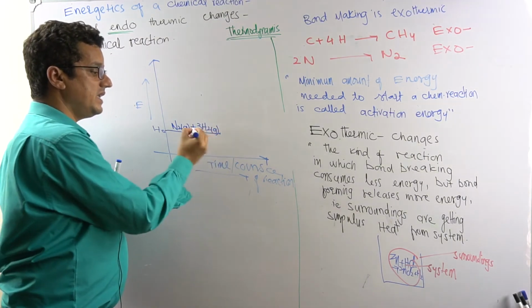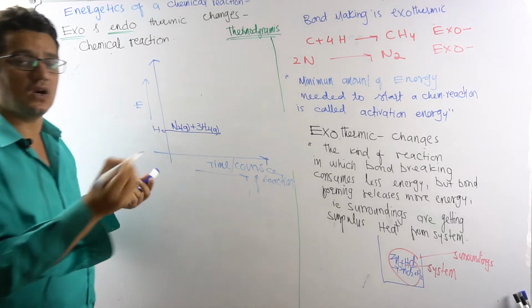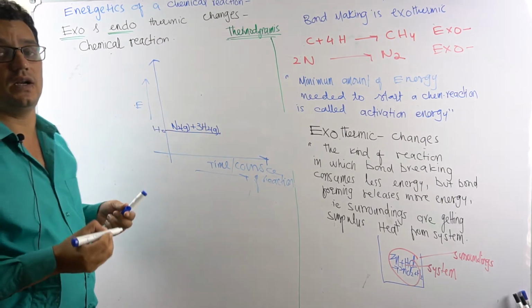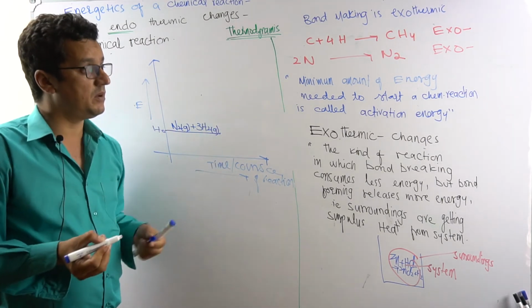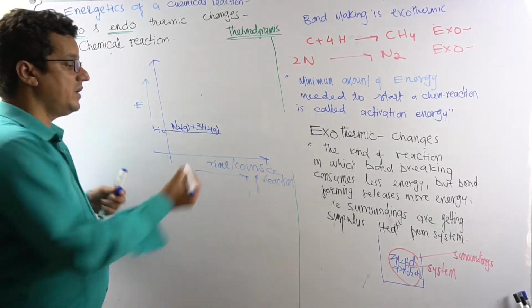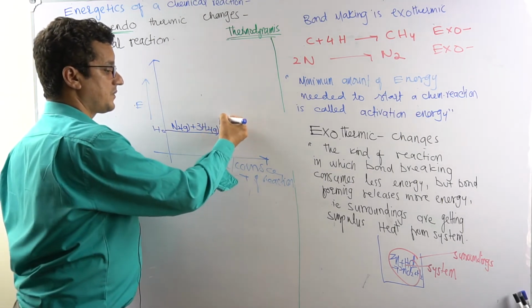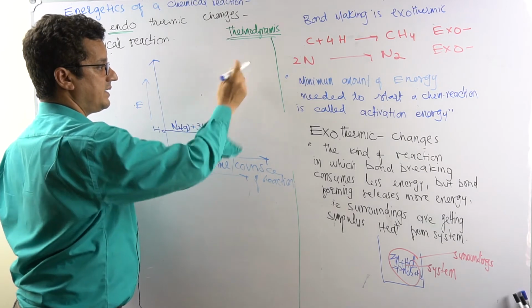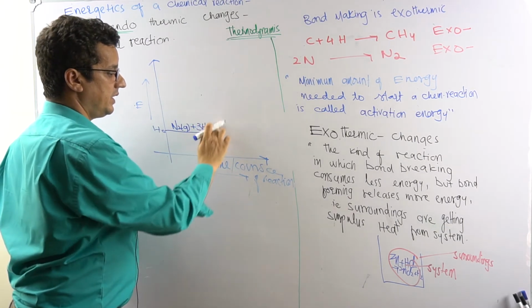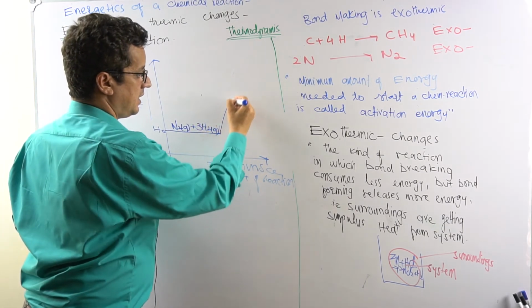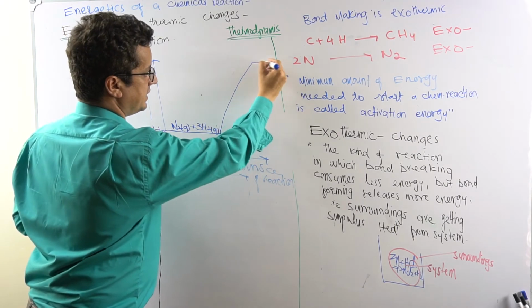Suppose at this energy level the reactants are mixed, they are colliding but they are not undergoing a chemical reaction because the minimum amount of energy is not being provided. But as you increase the energy, supplying energy from the surroundings, they get energy up to a certain energy level.